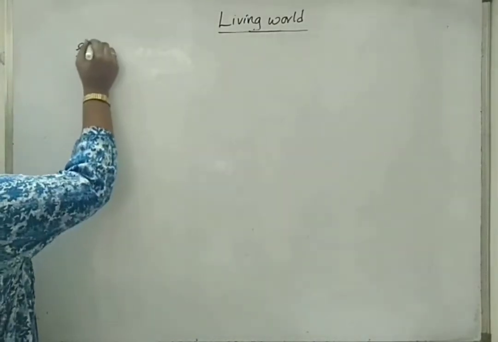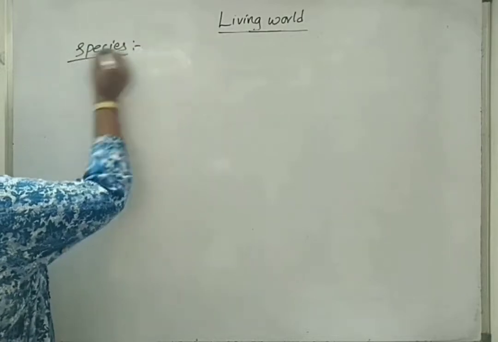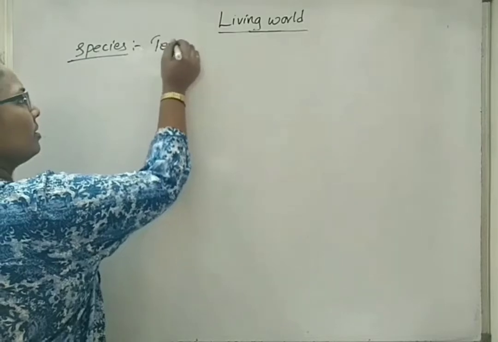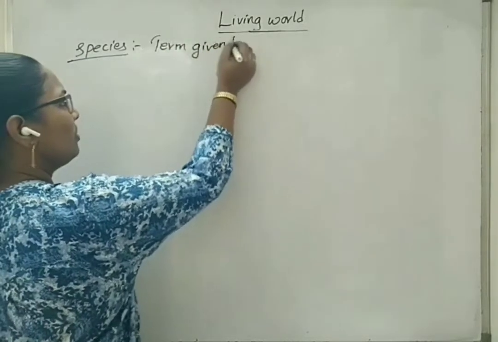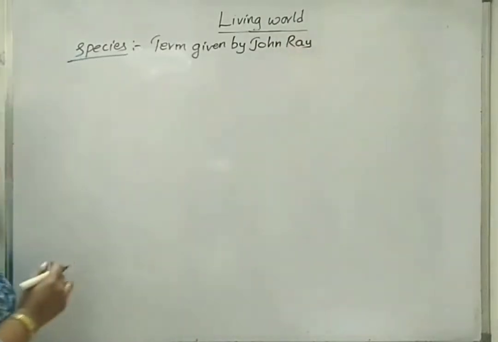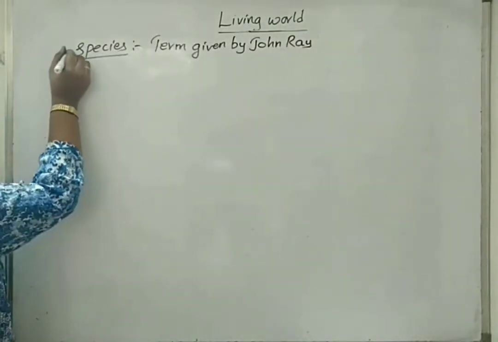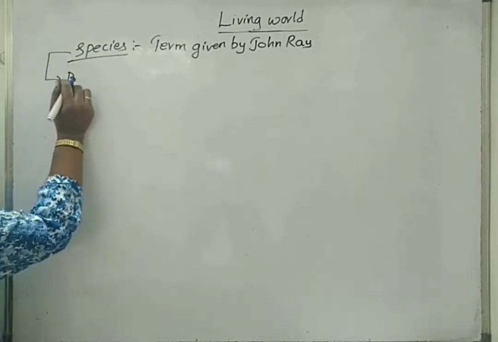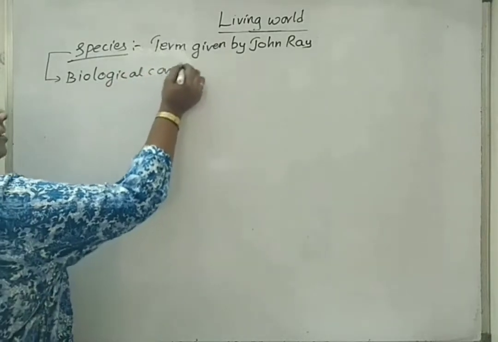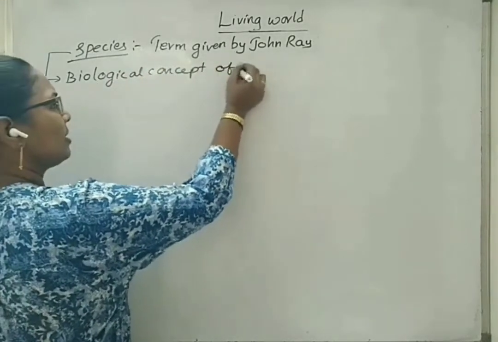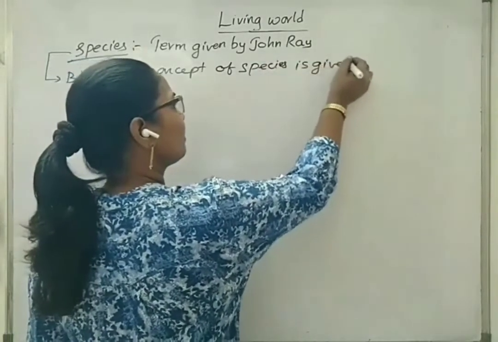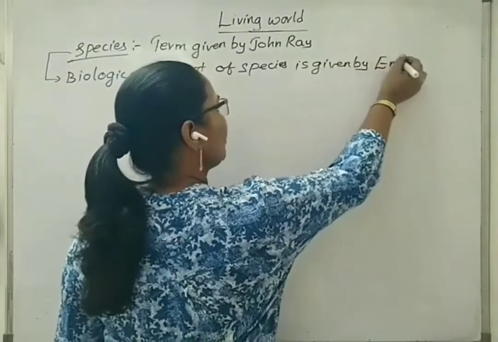First we will start with species. Under species, the term is given by John Ray. The biological concept of species is given by Ernest Mayr.